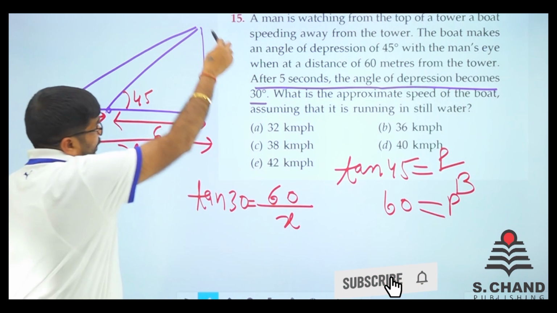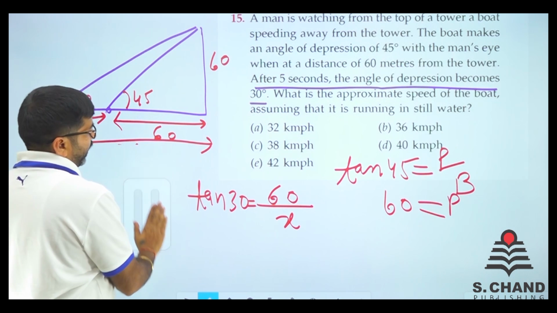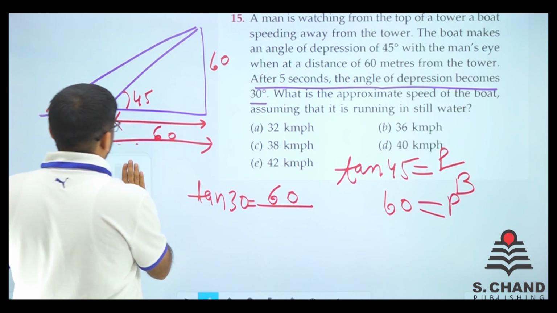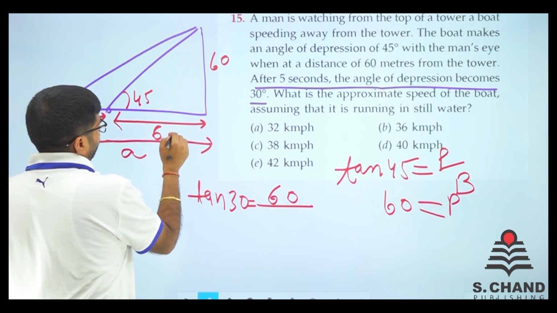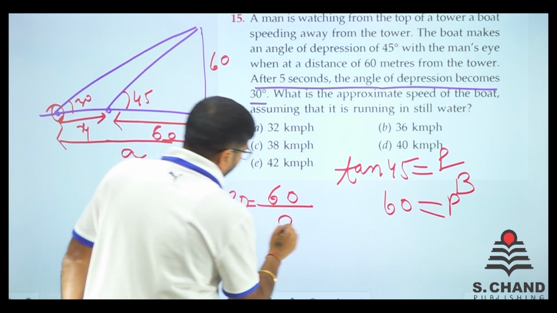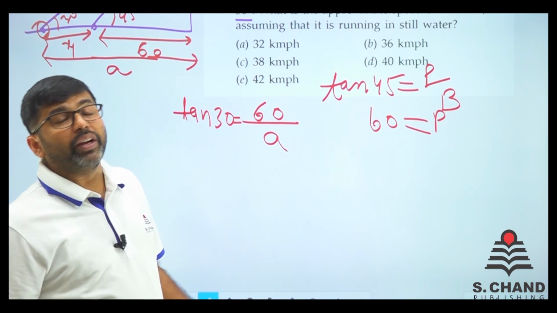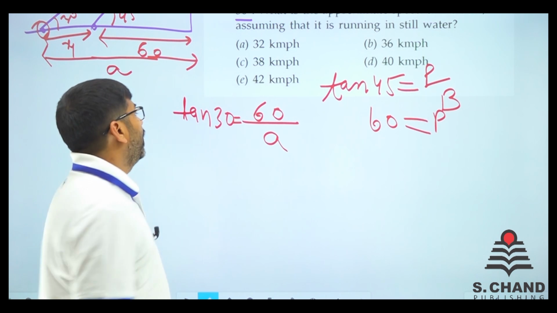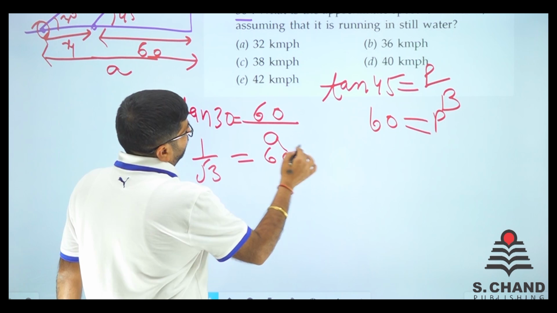So perpendicular upon the whole base, we call it A, so that we don't get confused. So tan 30, my friend, you need to remember all the time, is 1 by root 3. So 1 by root 3 is equal to 60 by A.